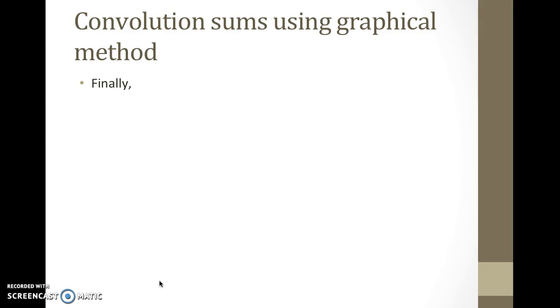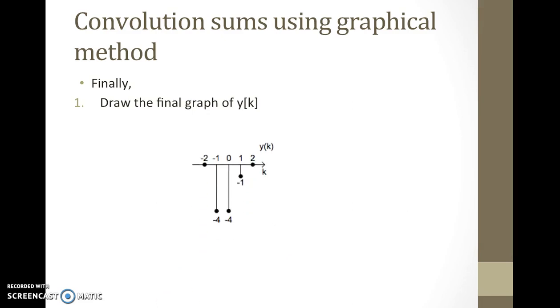So finally, after you get all the data for n equals 0, 1, 2, minus 1, and minus 2, you have to draw the final graph of y of k. So this is the final graph of y of k. At 0, remember, y is minus 4, at minus 1 y is minus 4, at minus 2 it is 0, at 1 is minus 1, and at 2 is 0.